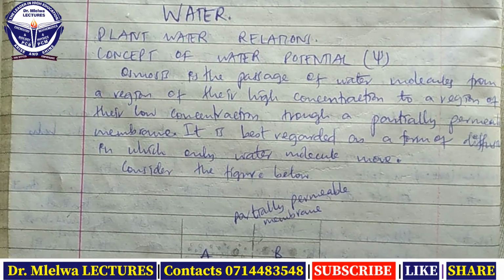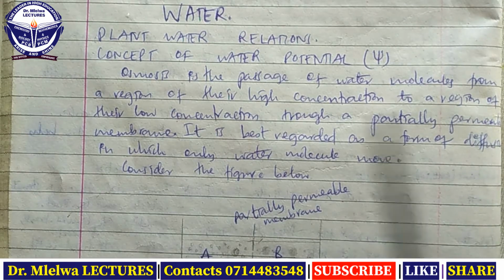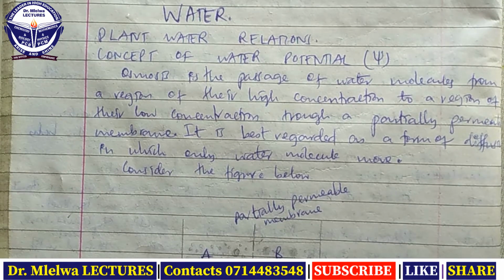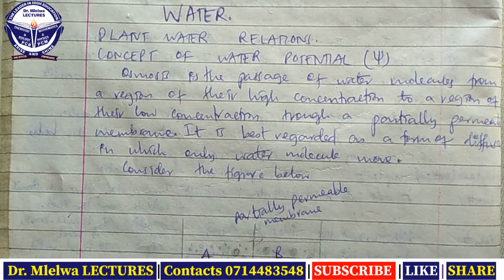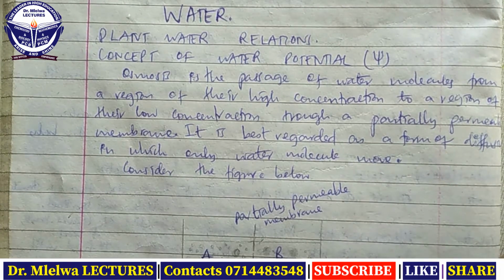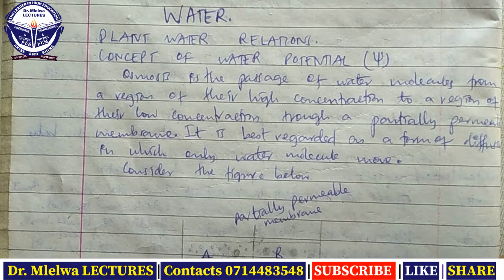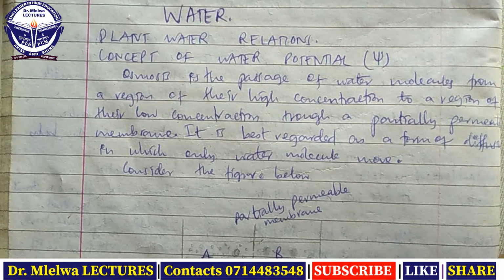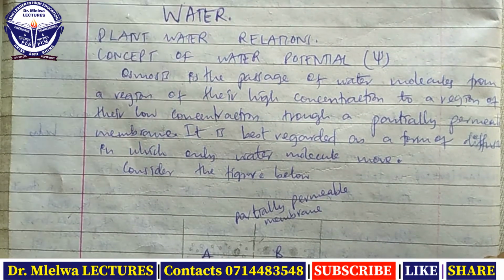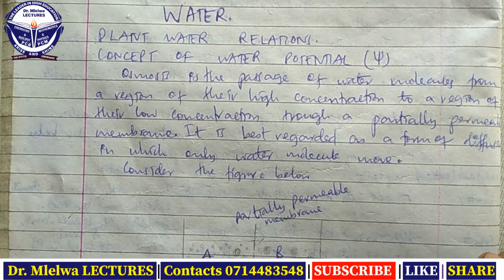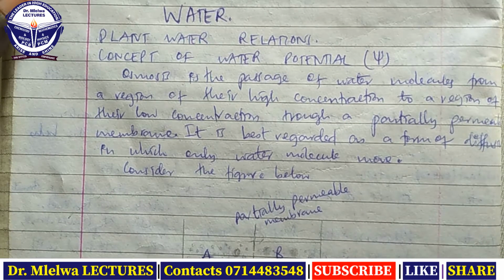Now we are saying that osmosis is the passage of water molecules from a region of high concentration to a region of low concentration through a partially permeable membrane or a semi-permeable membrane. As I said when we discussed osmosis, the important thing in defining osmosis is that it involves the movement of water molecules.